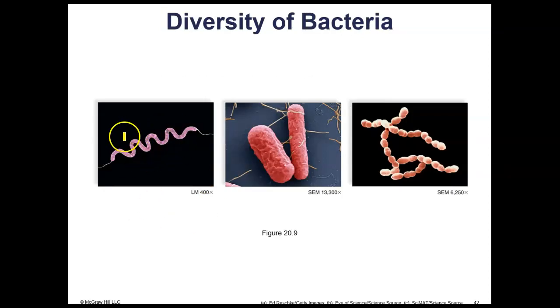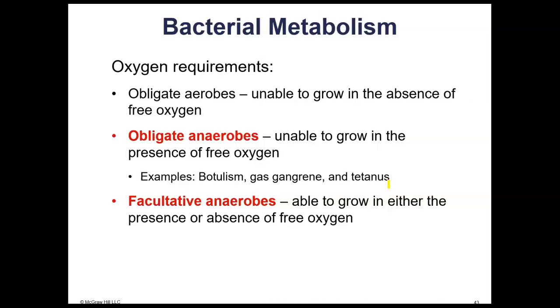And here you can see under the microscope a spirillum, a bacillus, and a chain of coccus or cocci bacteria. That shape, plus the gram stain, will help us to identify the bacteria.